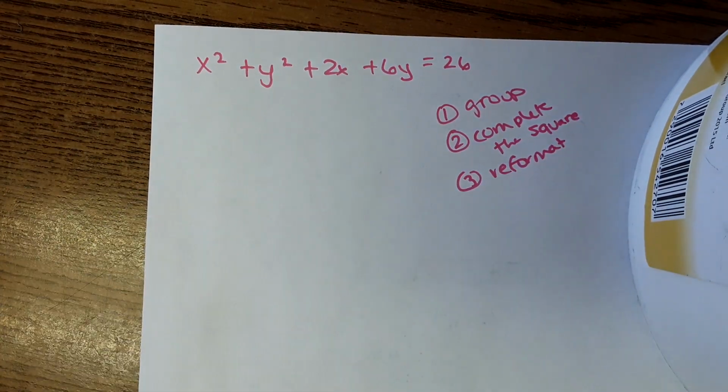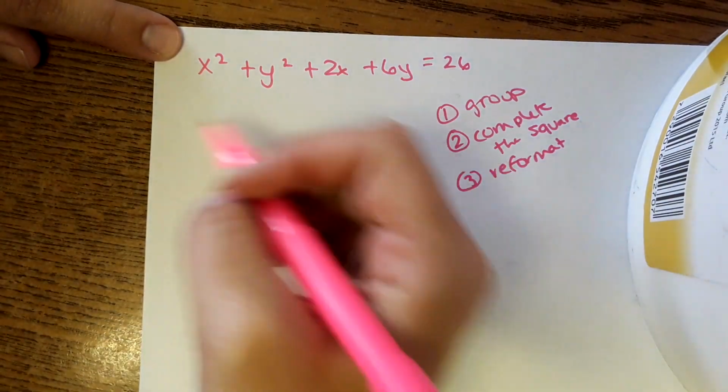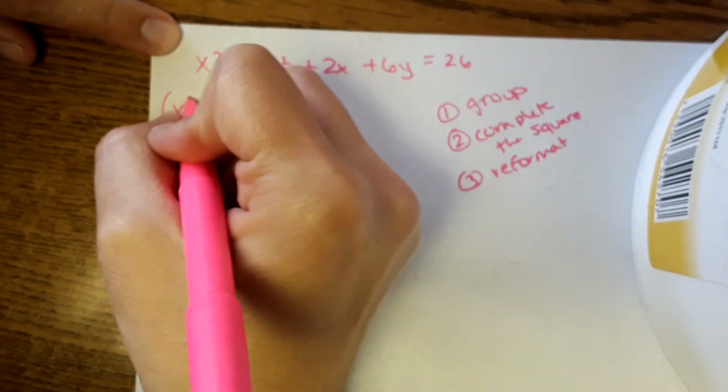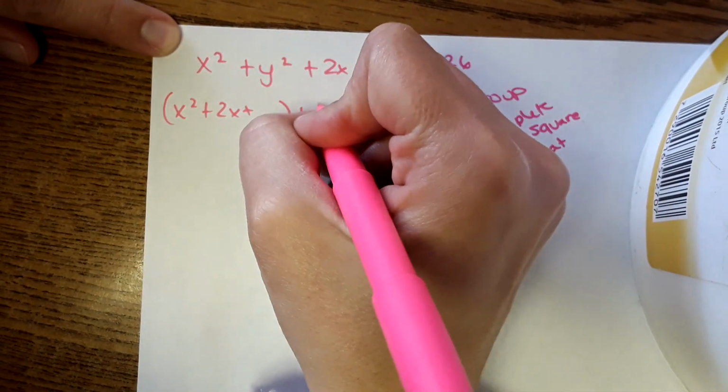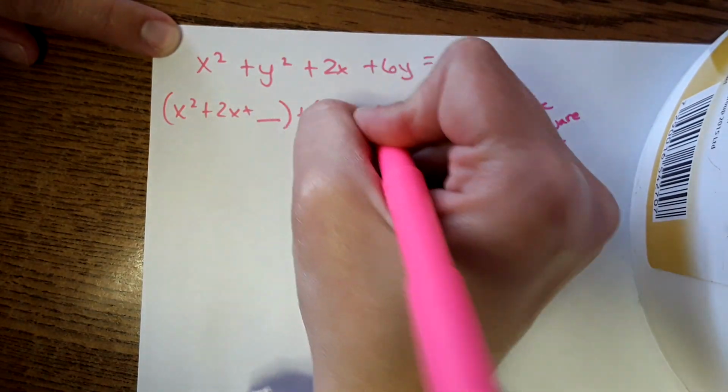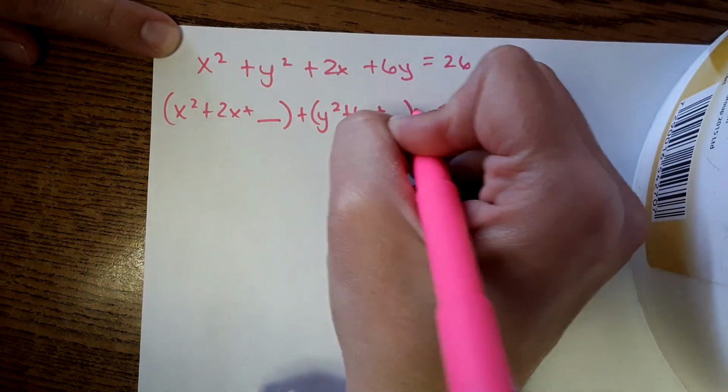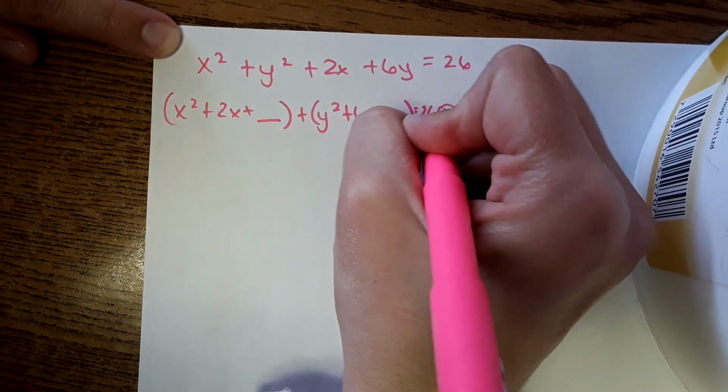Okay, so what I mean by group it is you have to put the x's with the x's and the y's with the y's. So x squared plus 2x plus blank, and y squared plus 6y plus blank, equals 26.